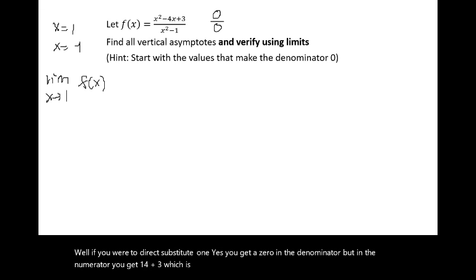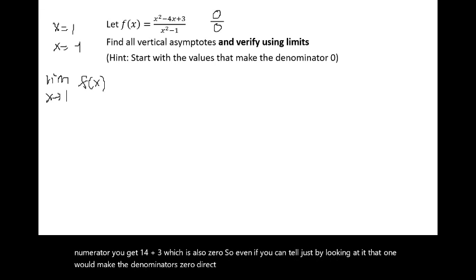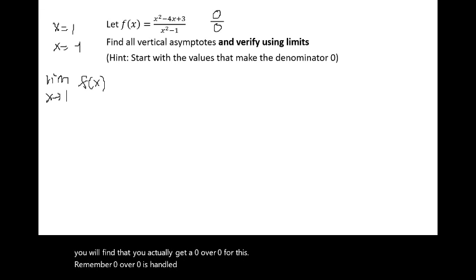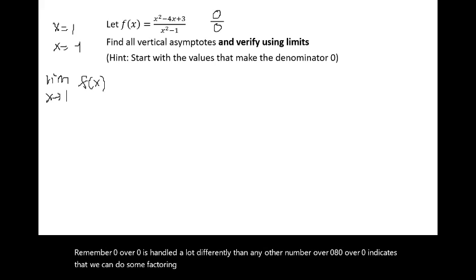So even if you can tell just by looking at it that 1 would make the denominator 0, direct substitute 1 in the numerator as well, because you will find that you actually get a 0 over 0 for this. Remember, 0 over 0 is handled a lot differently than any other number over 0. A 0 over 0 indicates that we can do some factoring here and possibly fix this.